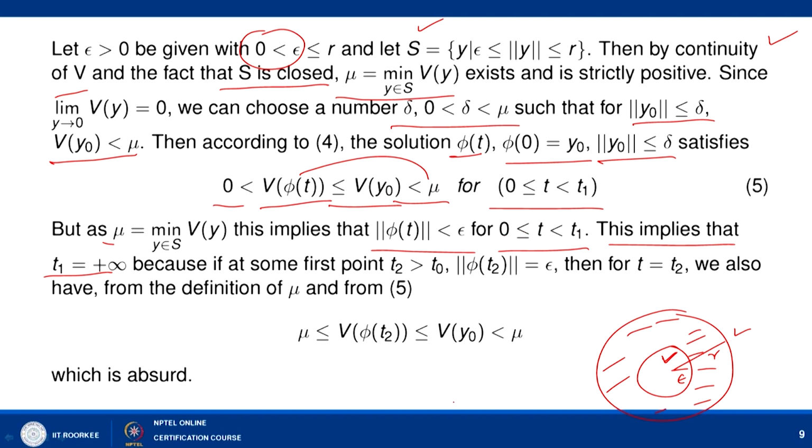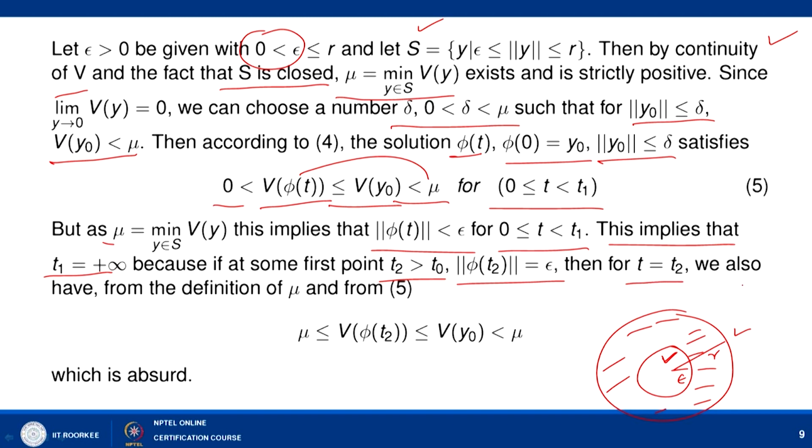And this also implies that t1 is equal to infinity, because if it is not, then we can find some time t2 greater than or equal to t naught with the condition that phi of t2 equals epsilon.